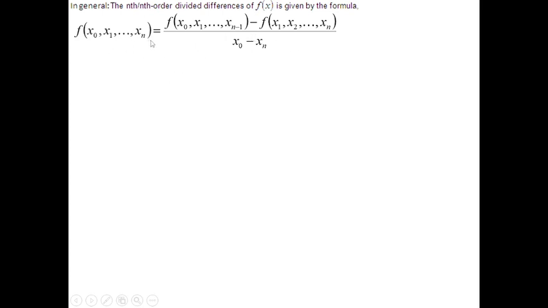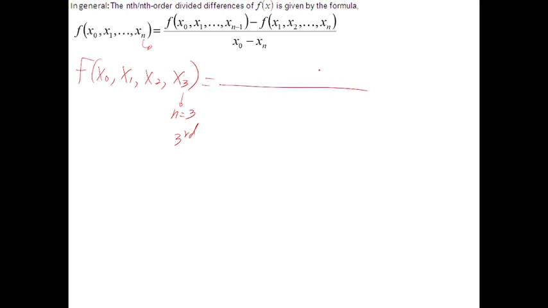So for example, if I have x sub 0, x sub 1, x sub 2, x sub 3, this is the third order, so n is 3. If n is 3, we have the third order divided differences of f.